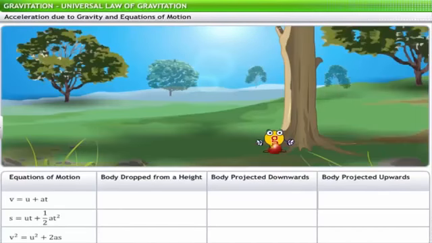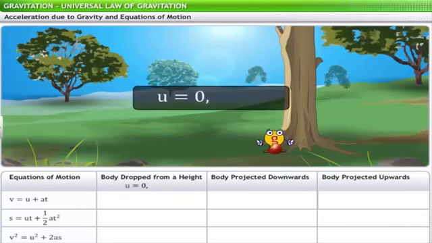The first one is the case where a body drops from a certain height. Here, the initial velocity of the body u is 0. The acceleration of the body a is the acceleration due to gravity g. This value is positive because the velocity of the body increases as the body descends.